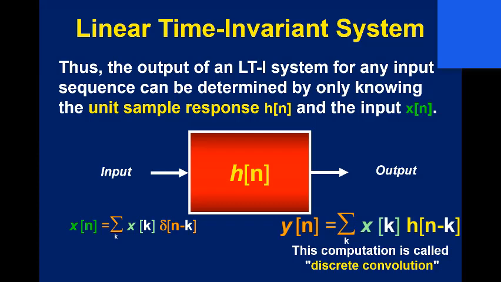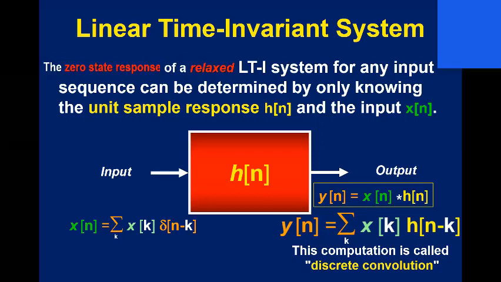It has the same conceptual meaning as the convolution integral in continuous time systems, just adapted to the sample-wise world in which we live with discrete time systems. And it's such a fundamental operation, we give it its own operator, the star operator. When we see that, it means we've got a discrete time convolution that we're trying to carry out.